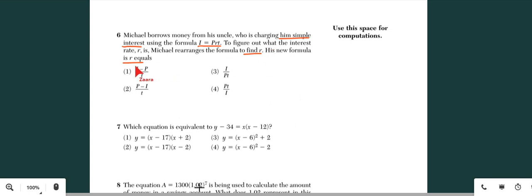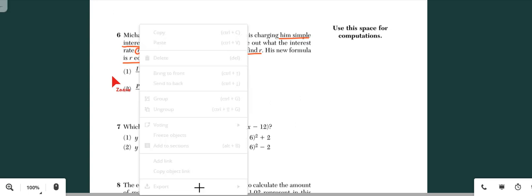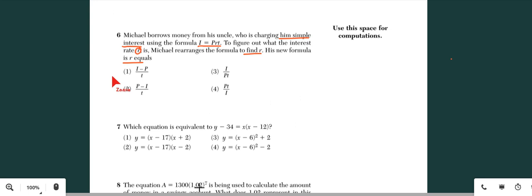Basically, you have to make R your subject, because we have to write the equation for R. Currently I is our subject, so I equals PRT.